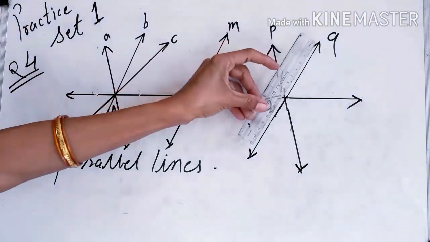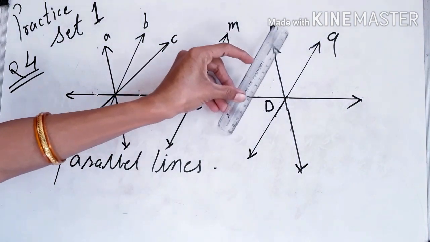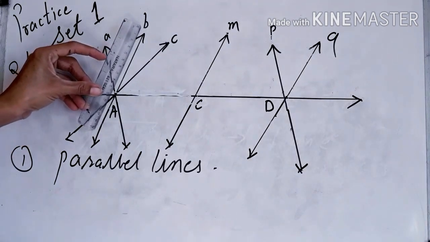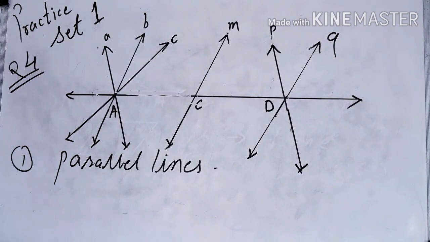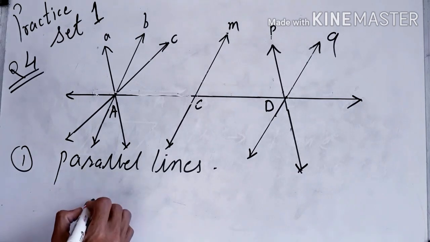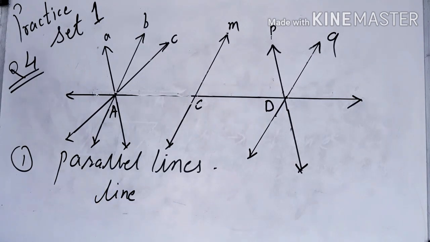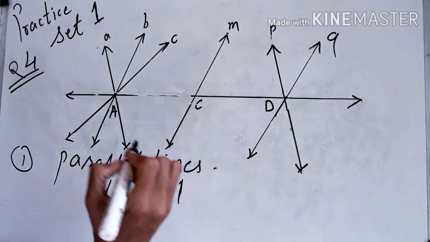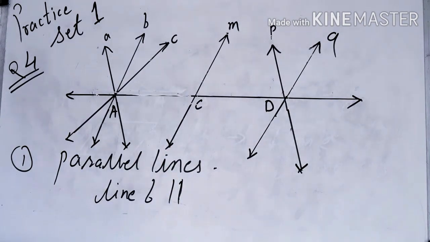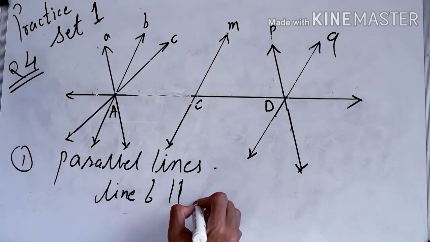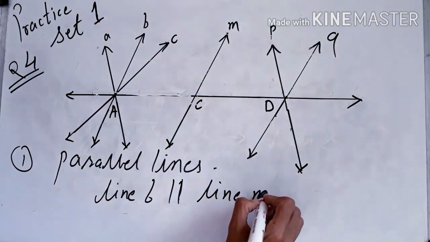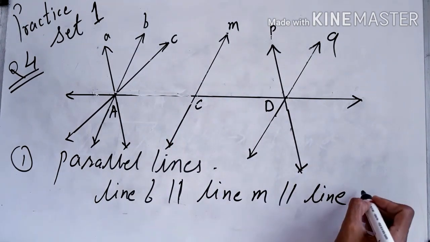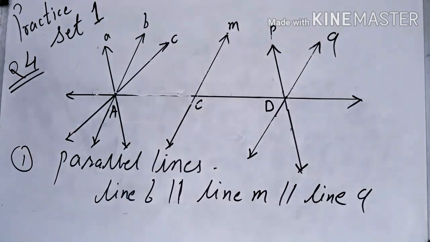See, line Q is parallel to line M and is also parallel to line V. So here three lines are parallel to each other. For parallel I told you this sign we use, or you can write simply parallel. Line V is parallel to line M, also parallel to line Q. These three lines are parallel.